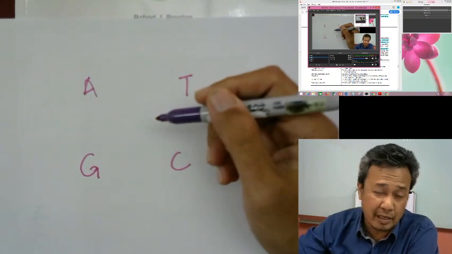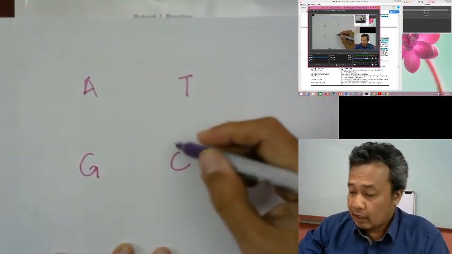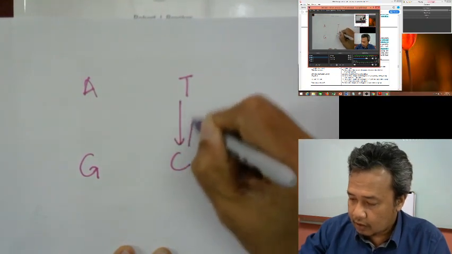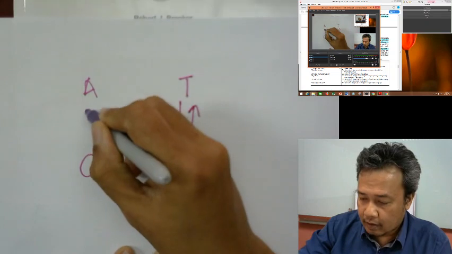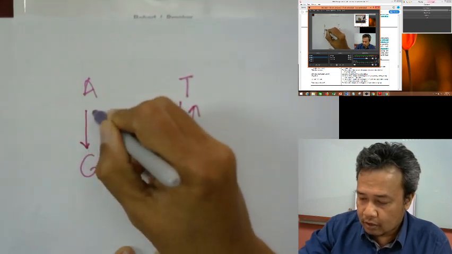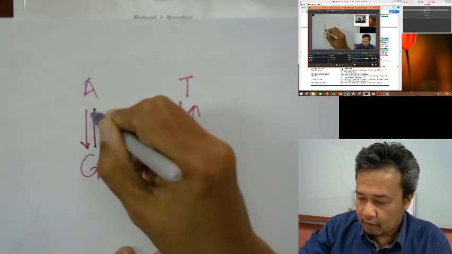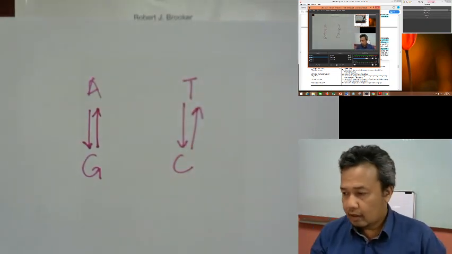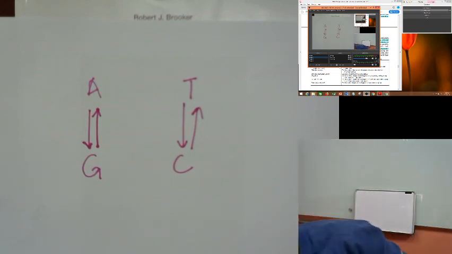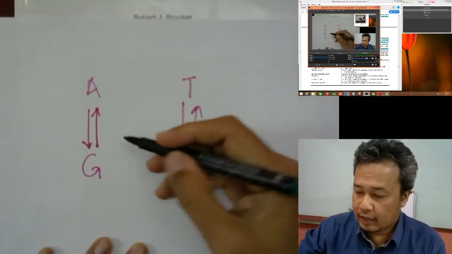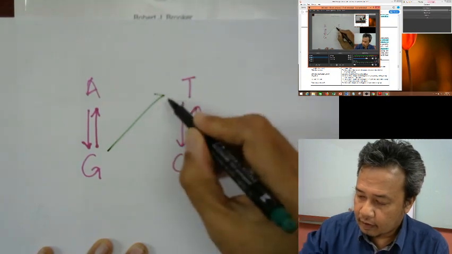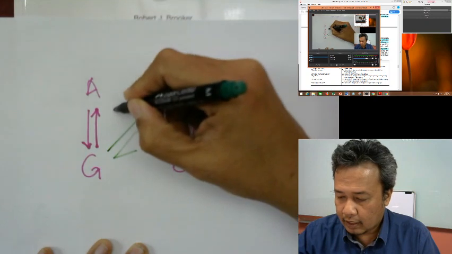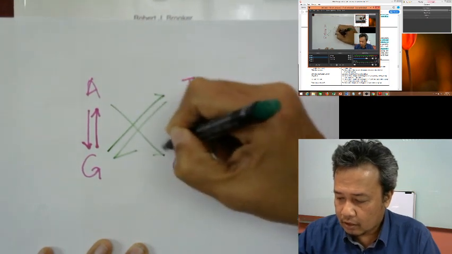Transition is between pyrimidine to pyrimidine and purine to purine. So transition is this: T to C, C to T, A to G, G to A. Whereas transversion is T to G, G to T, or A to C.